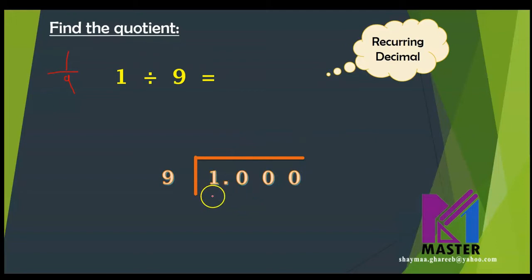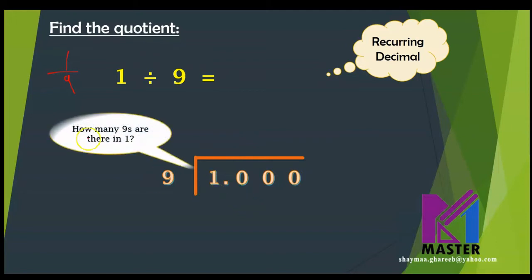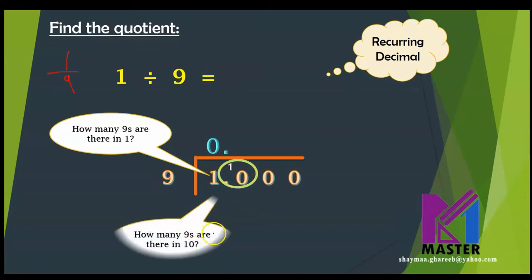Now let's start doing the division. How many 9's are there in the 1? No 9's, and the 1 will be the remainder. Then the decimal point, then division. 10 divided by 9. How many 9's are there in 10? 1, remainder 1. So 1 up and the remainder here.